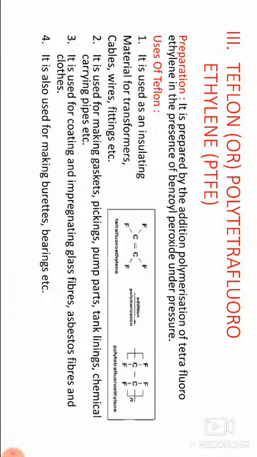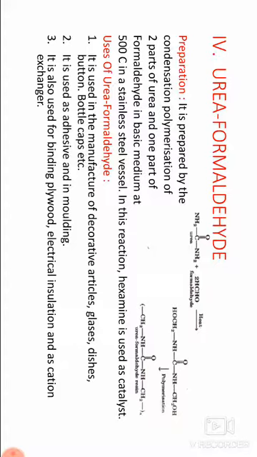Fifth and sixth compounds, urea formaldehyde and Bakelite, are plastics. In this reaction, two monomers are used because this undergoes condensation polymerization.